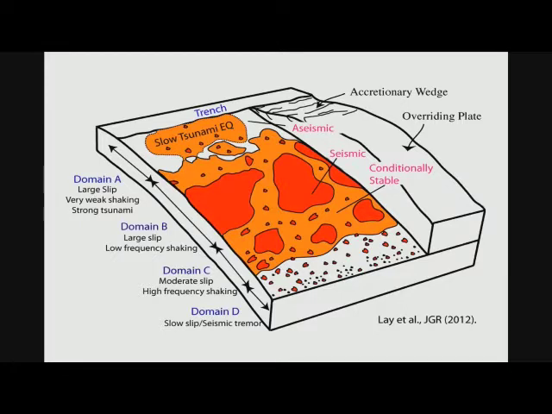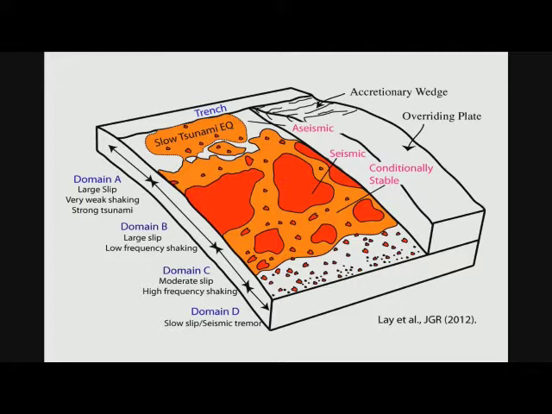Okay, so the best up-to-date picture now of what we think is going on at the plate interface is shown here, where they're color-coded for their frictional behavior. These dark red areas are the asperities, areas that have velocity weakening friction, so where earthquakes can nucleate.